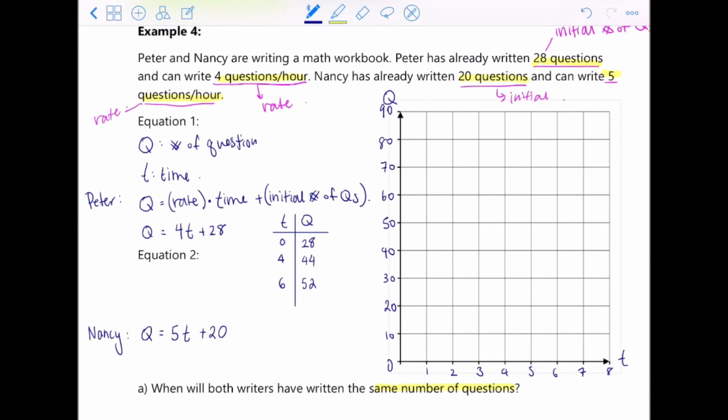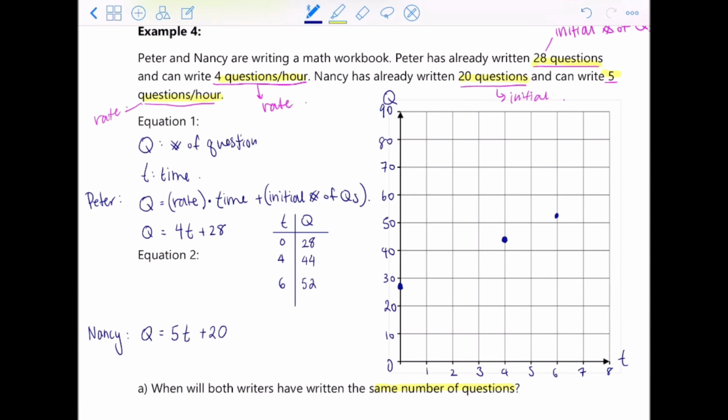Let's graph that line. So 0 and 28, somewhere here. 4 and 44, almost in the middle, but not quite. And when T equals 6, it's 52.